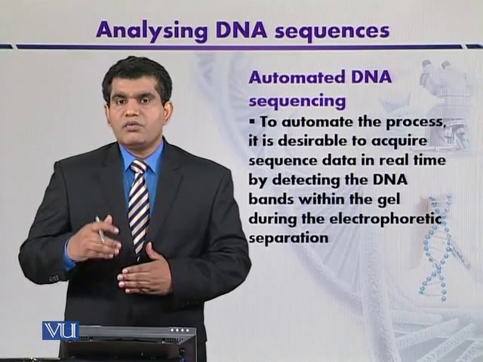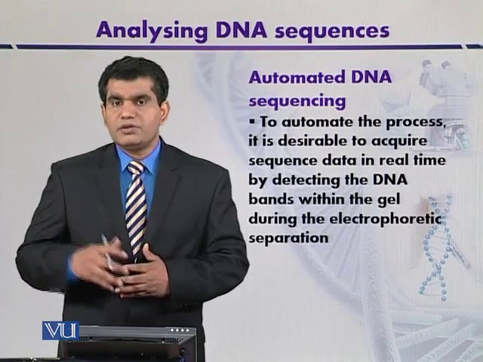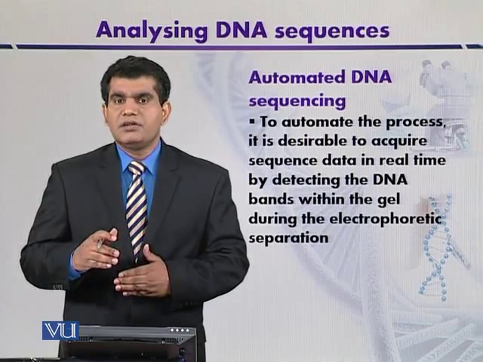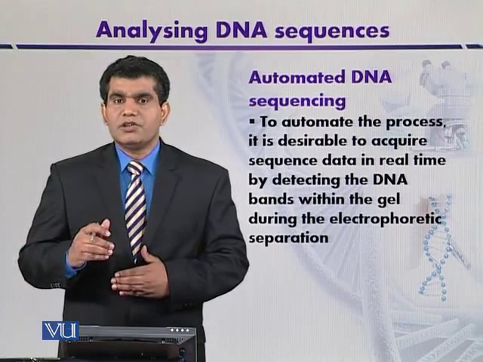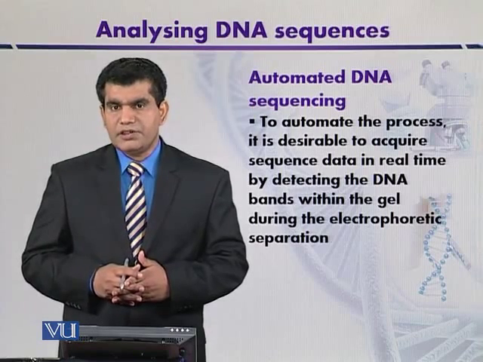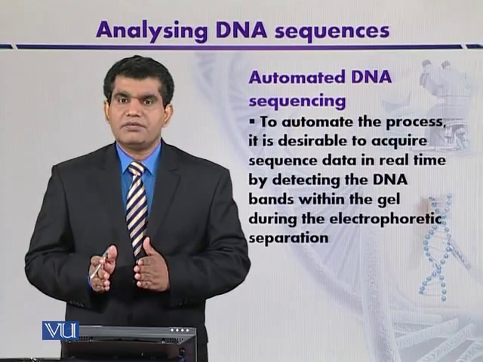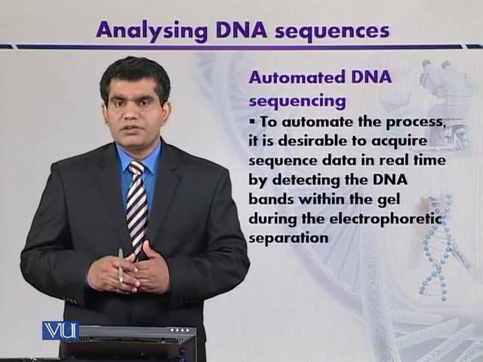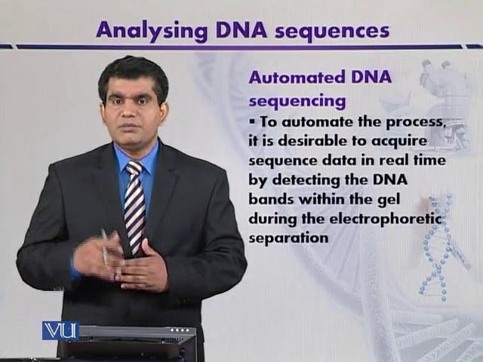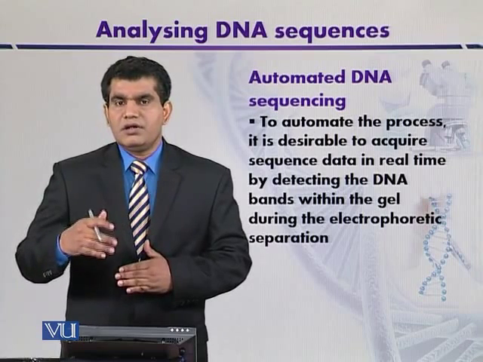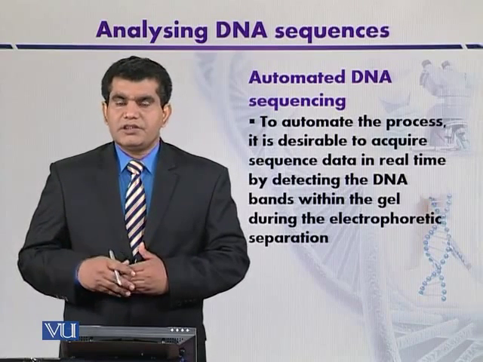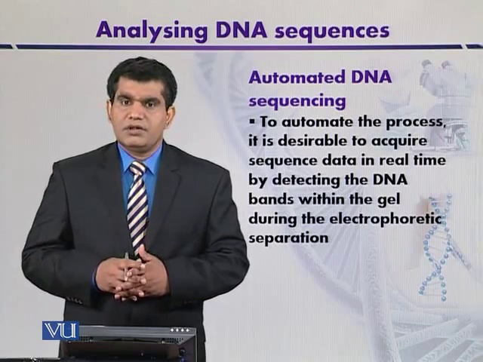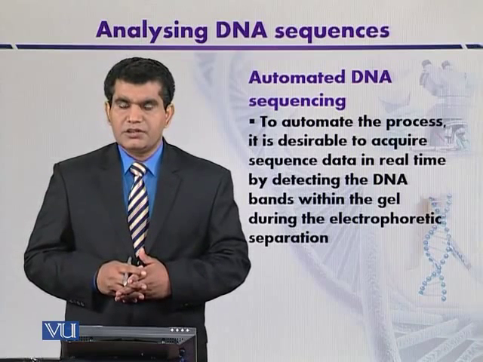So all the fluorophores we are going to use are different for the respective dideoxynucleotide triphosphate. Like adenine will have a different fluorophore, and similarly different chemical dyes will be used for other nucleotide bases.